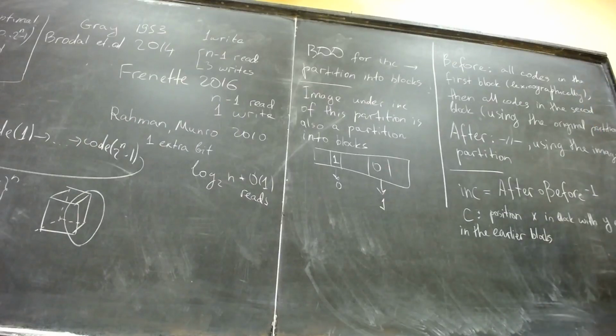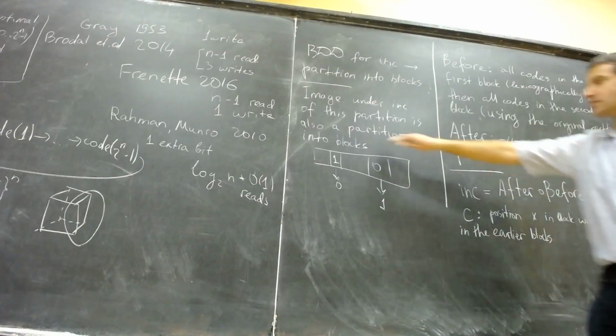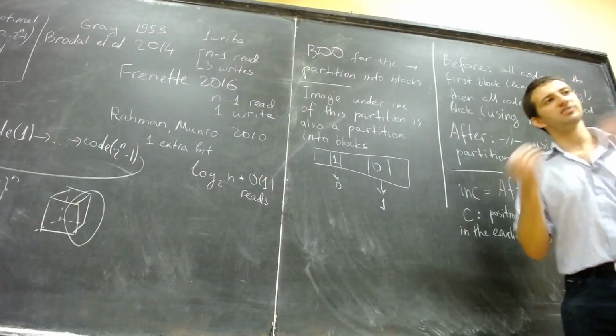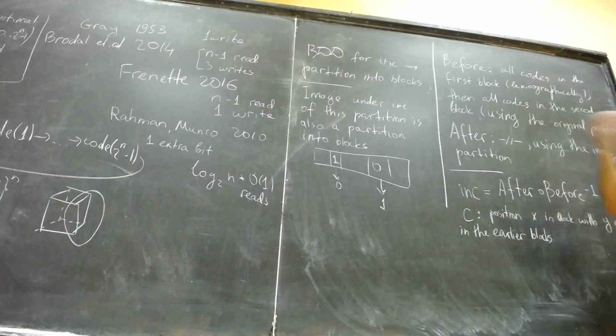What is the order on blocks for after? Each block in the partition used for after is an image of a block, and I use the image of the same order. So what happens if we apply before^-1 to C?